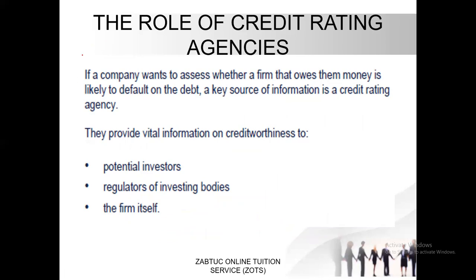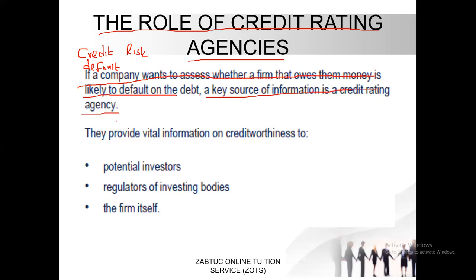Now, the question is, how do we calculate the credit risk? For this default risk, how do we ascertain it objectively? The answer: the role of credit rating agencies. If a company wants to assess whether a firm that owes money is likely to default, a key source of information is a credit rating agency.